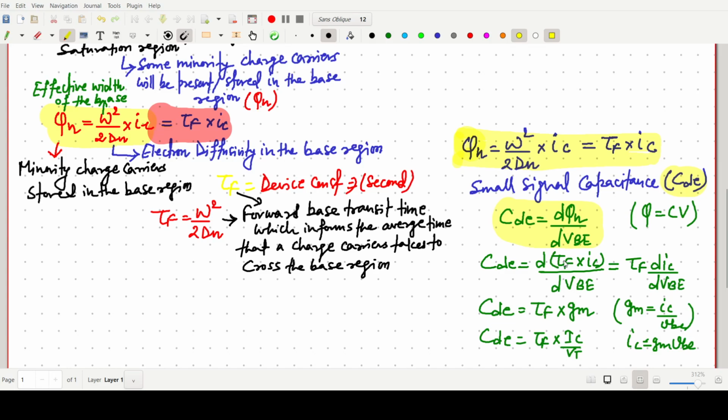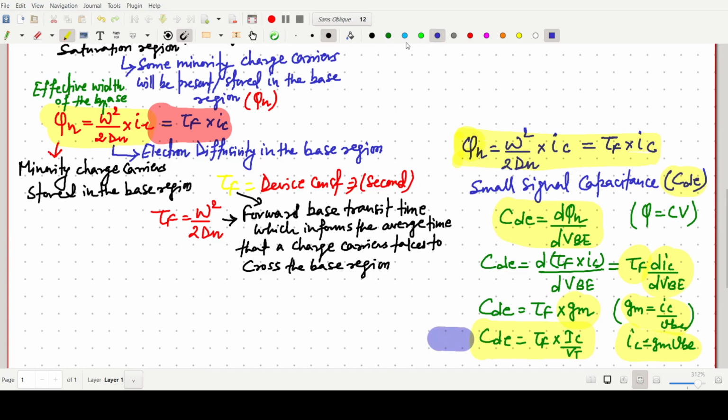So tau f IC, we take tau f as common, and del IC by del VBE is nothing but simply the transconductance term. So we are making it tau f GM. Already we know the formula from the small signal model we have derived. So CDE can be simply written as tau f into IC by VT.